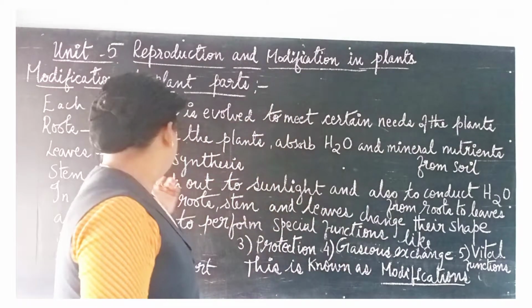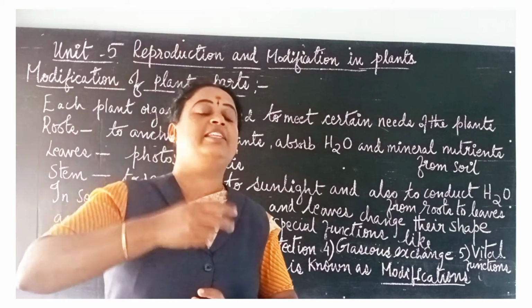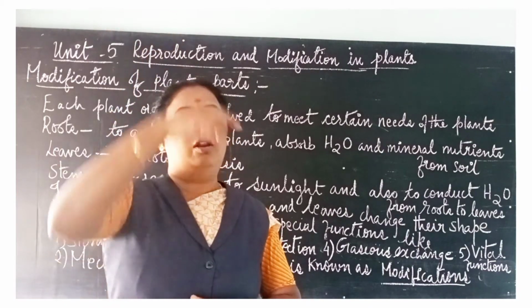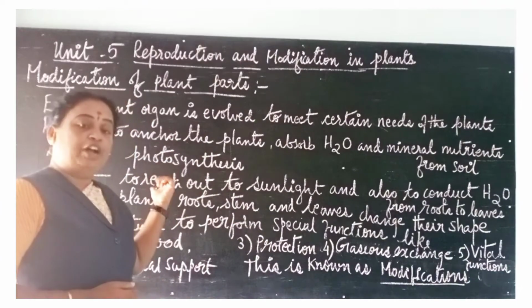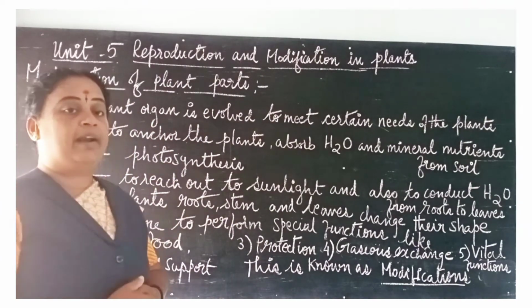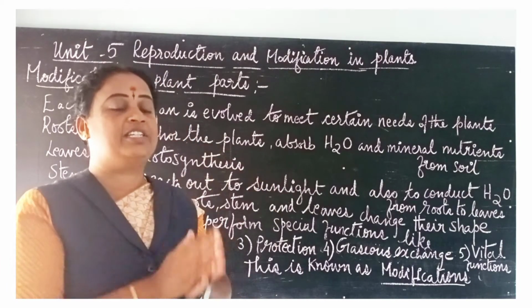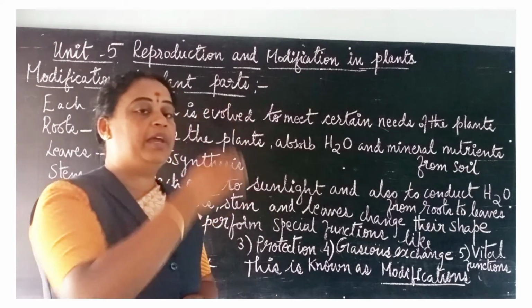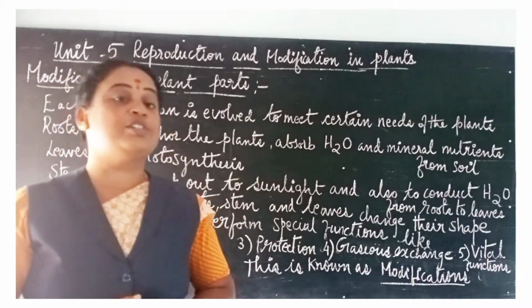Now let us look at the next one, stem. As the stems become longer, the plants also grow longer, higher. The function of the stem is to reach out to sunlight. From whichever direction the sunlight comes, the stem keeps growing in that direction. Why is the stem going in search of sunlight?